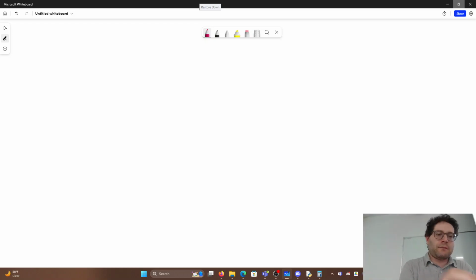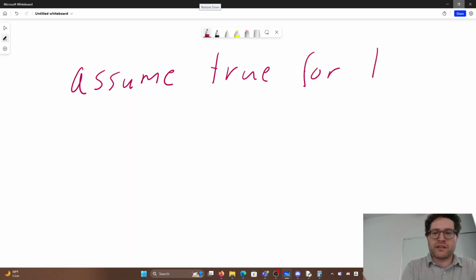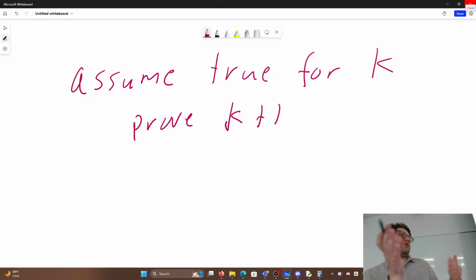So the key thing for induction is that second step, which is assume true for some k. Assume it works for some k, and then prove k plus 1. So you assume it works for some k, and then you prove whether it works for the next one.